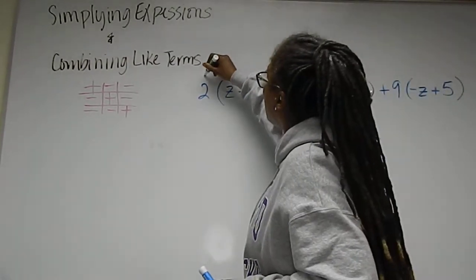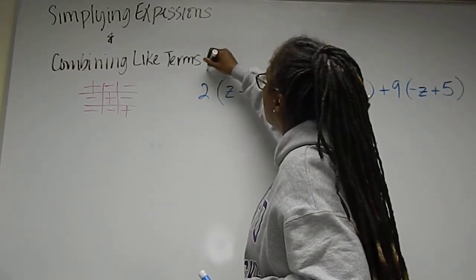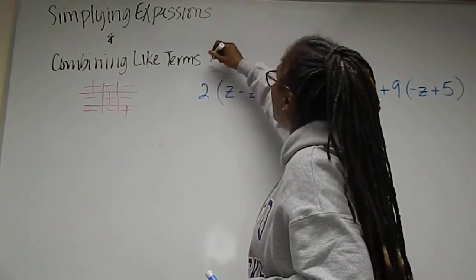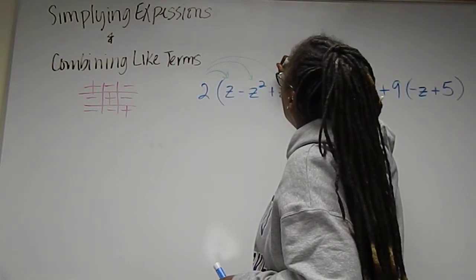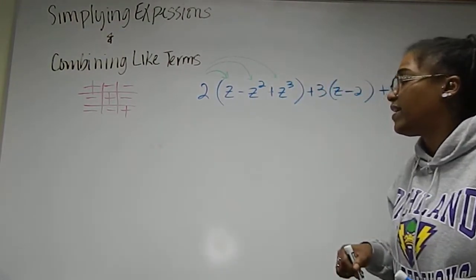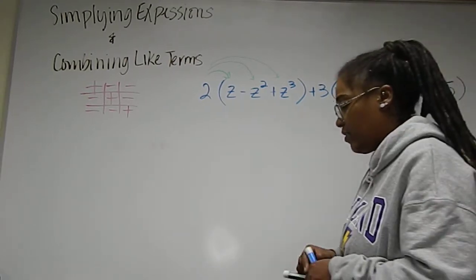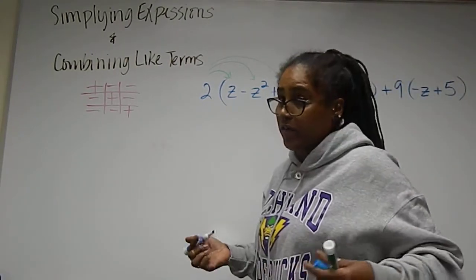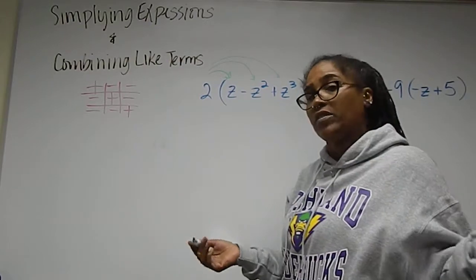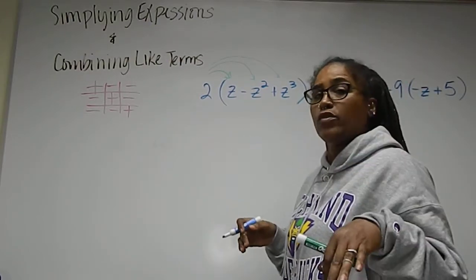The 2 is going to go to the z first, negative z squared second, and positive z cubed the third term, right? So that's going to be 2 times z. We don't know what z is, but we don't have to know what z is. We just know that z is our variable.